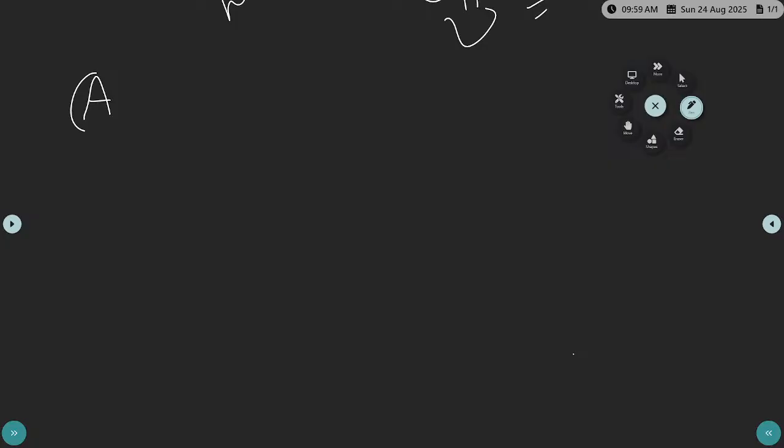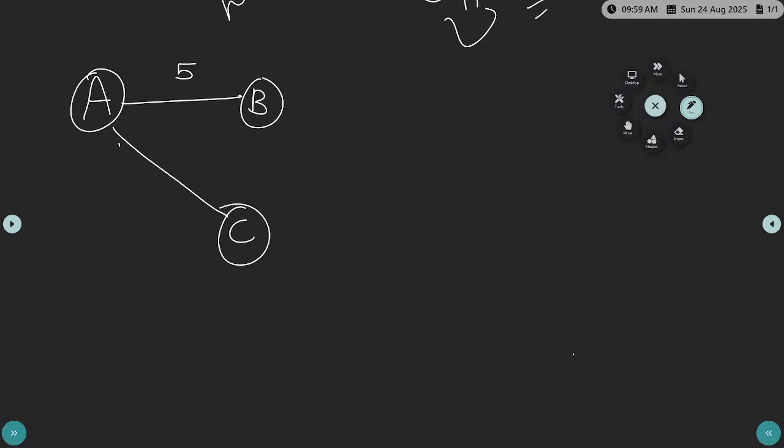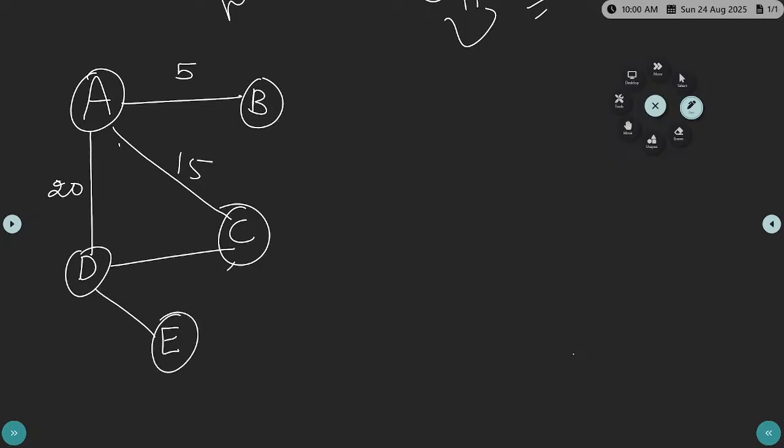No one should say no. Yes, stop talking. Take down the question. Construct the minimum cost spanning tree here.